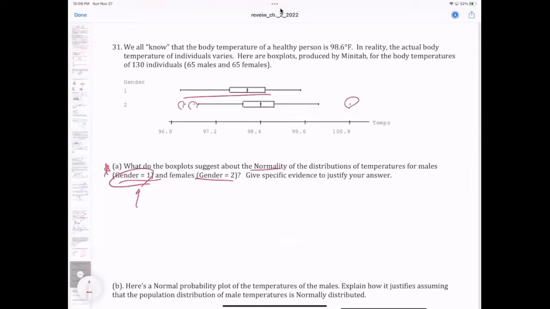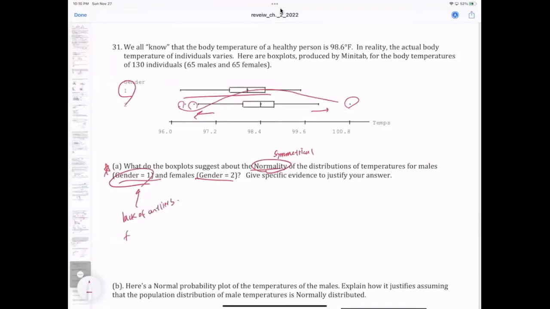Yes, I understand that they might still give you a very symmetrical shape, but because of those outliers, you might have a tendency to have skew to the left or right, depending on the distribution shape. So the normality, remember, it has to be symmetrical. It has to be a bell-shaped curve. So the best chance that you have between the two, the lesser of the two evils, has to be gender 1 because of its lack of outliers.